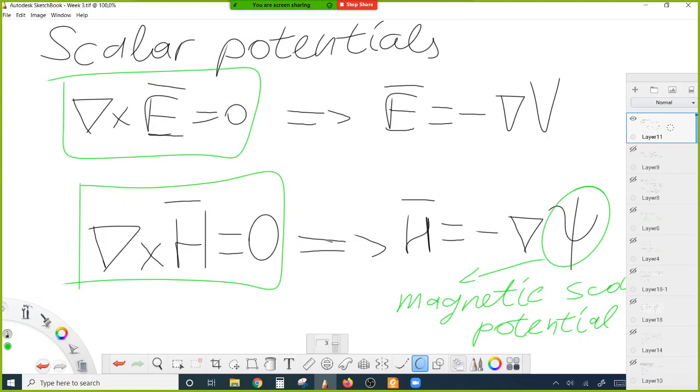But they are also useful in general electromagnetic fields in combination with vector potentials.